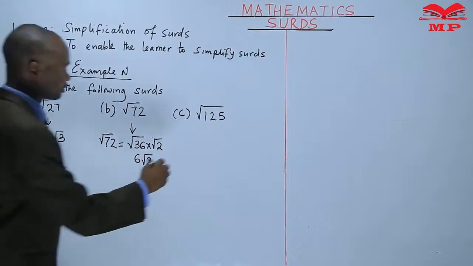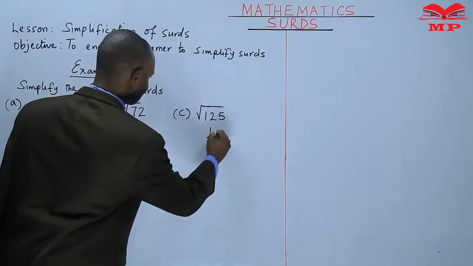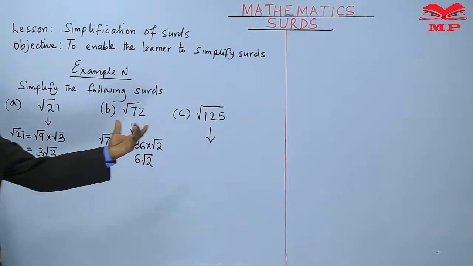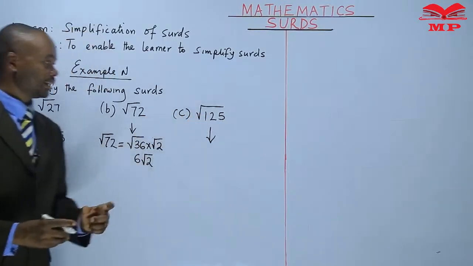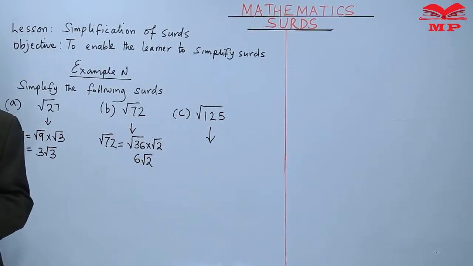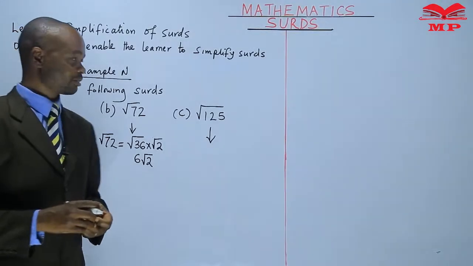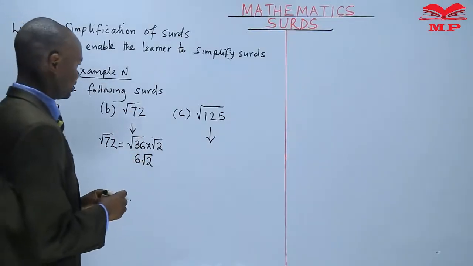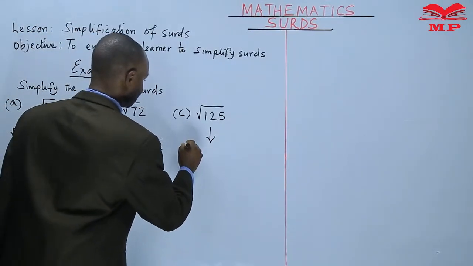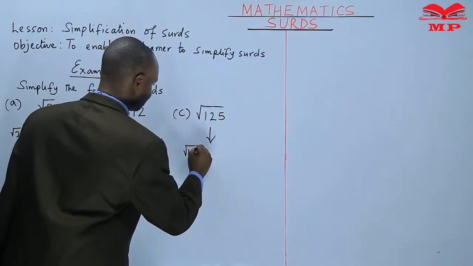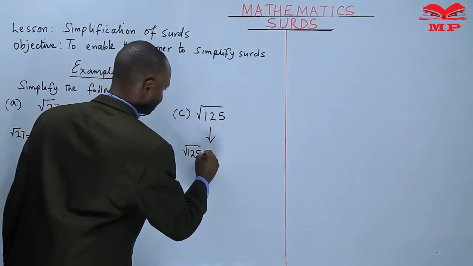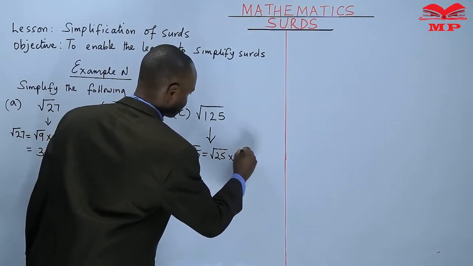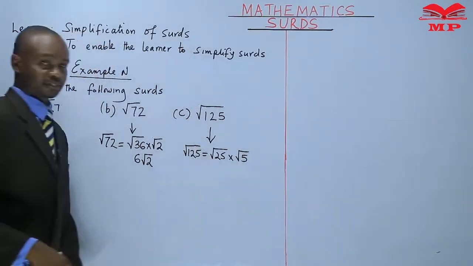We come to the last one, Lana, and the same experience happens. You look into that surd, you pull out a number that has a perfect root. In fact, 125 is 25 times 5. So square root of 125, Lana, is the same as square root of 25 times square root of 5.